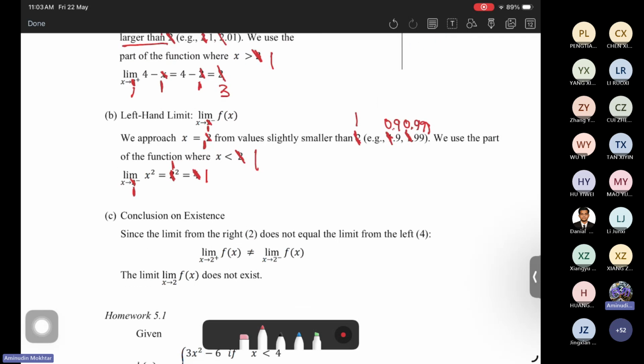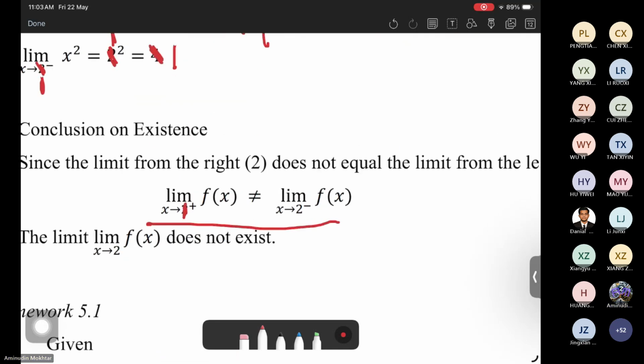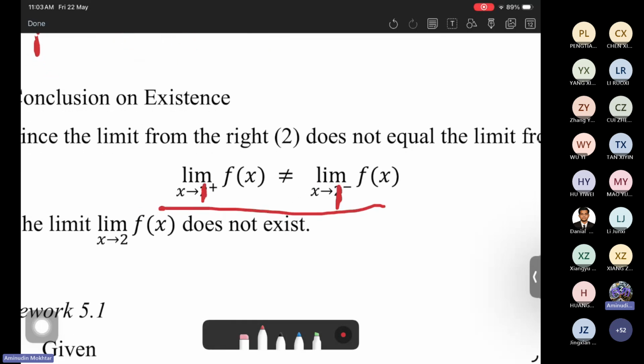We can write like this: the limit of the function when x approaches 1 from the right does not equal the limit when x approaches 1 from the left. So in general, we can say that the limit of the function when x approaches 1 does not exist. There is no limit when the function approaches 1, because the right hand limit does not equal the left hand limit.